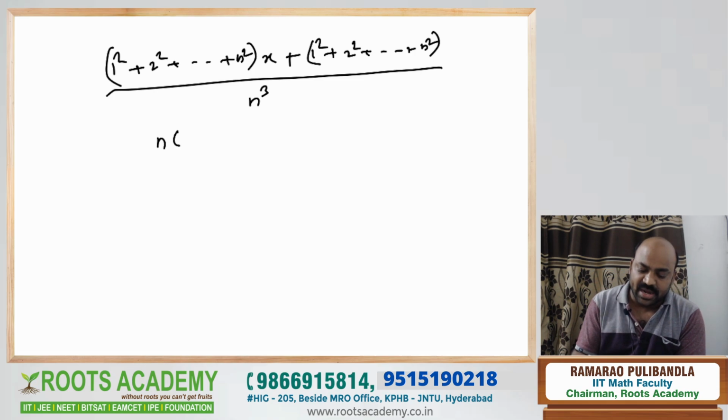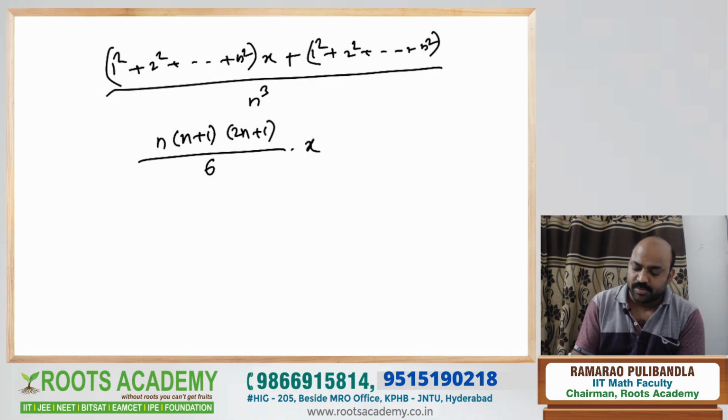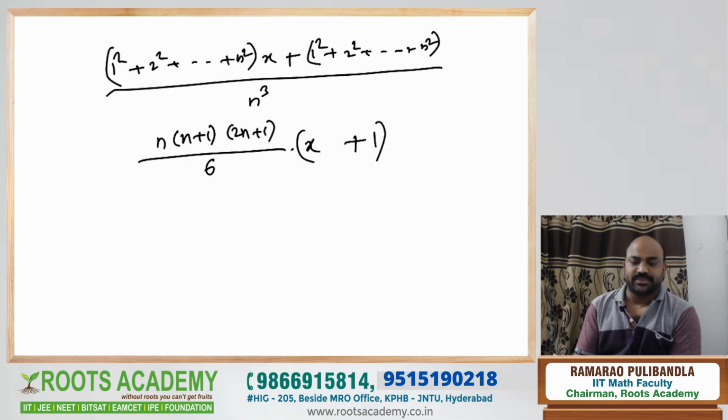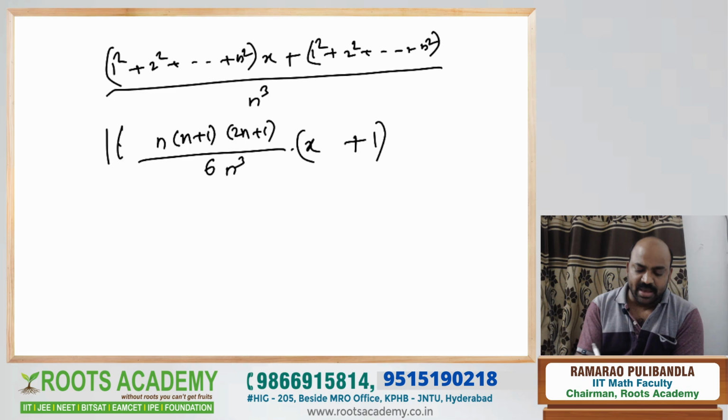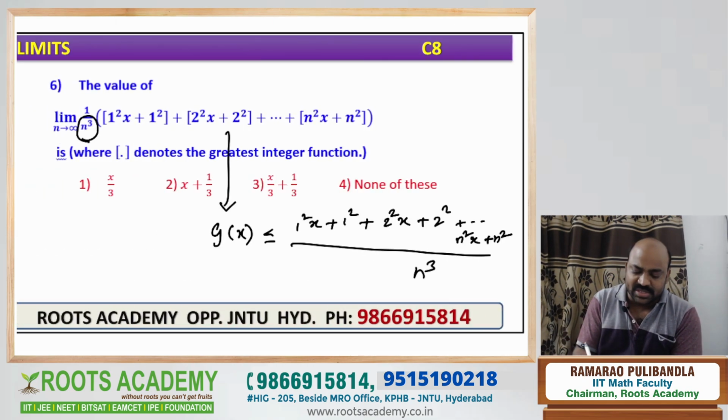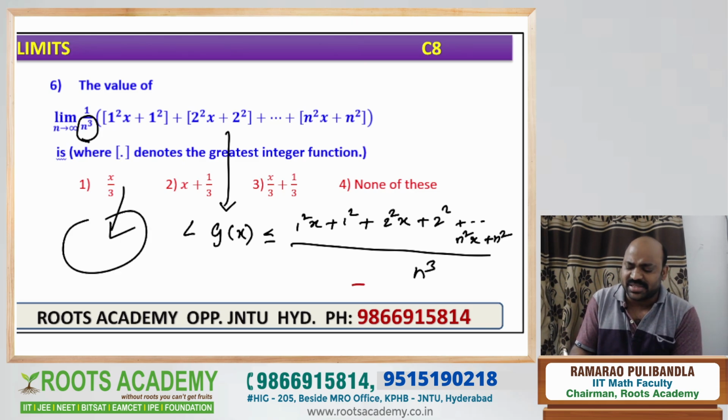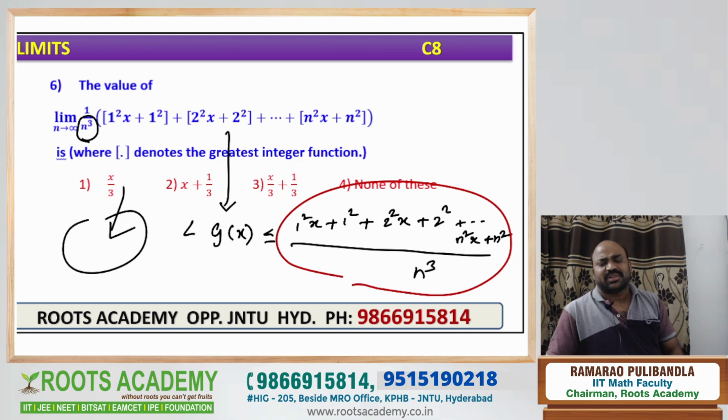The value is n into n plus 1 into 2n plus 1 by 6 into x plus 1 by n cube only, na? And limit n tends to infinity. No need of this side, what you will get, dear student, not required. Any one side limit is enough, na? That's what sandwich theorem is saying.